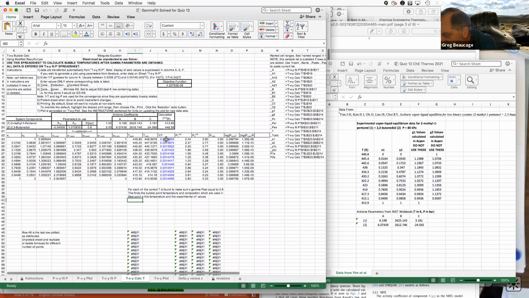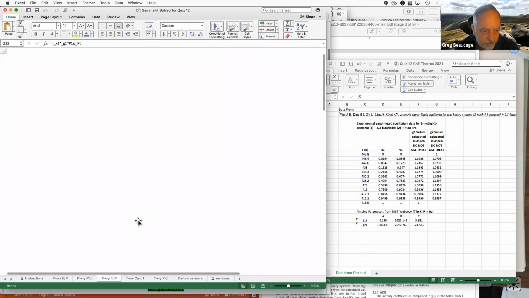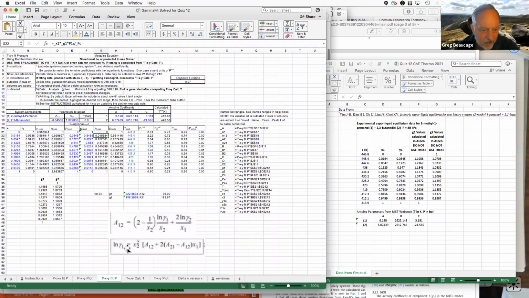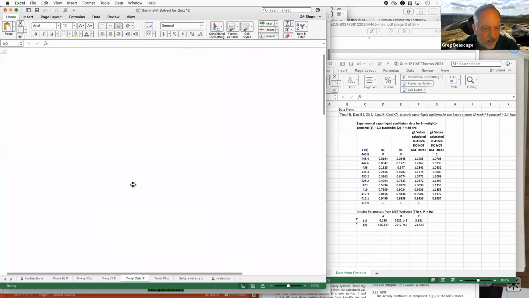And P sat depends on the temperature, right? P sat and temperature are tied. Gamma is just calculated from X and the A12s, right? So gamma is fixed for every X. I mean, it'll be a different gamma for every X, but it's fixed in this calculation because the A12s, A21s are fixed.